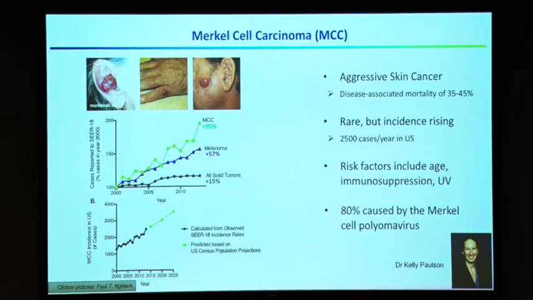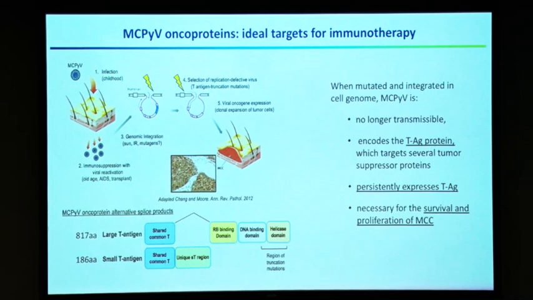It's rare. However, the incidence is rising because the baby boomers are coming of age, and they have been exposed to a lot of sun, which is a risk factor for Merkel cell. And interestingly, 80% of Merkel cell carcinomas are caused by the Merkel cell polyomavirus. So they have basically an integrated virus in them.